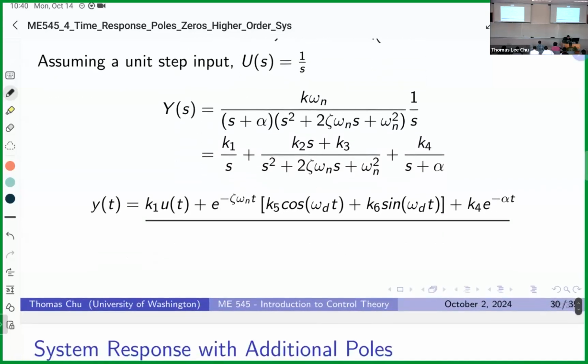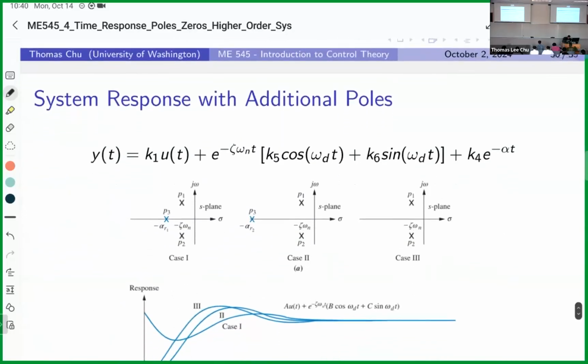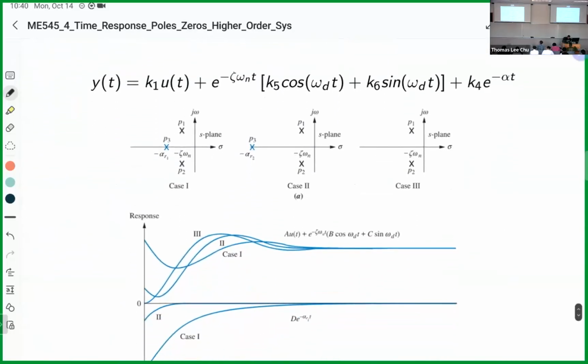Then, depending on the pole location of the third pole, the real pole, and depending on the pole location of your pair of complex conjugate poles, your response will be dominated by the single pole response, or by the pair of complex conjugate poles responding, or a combination of both.